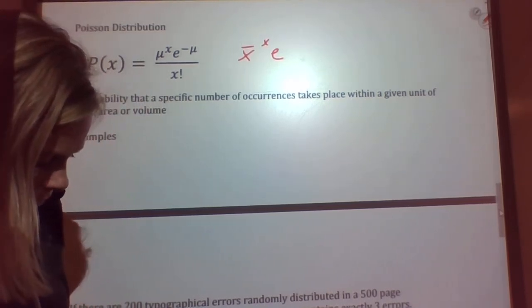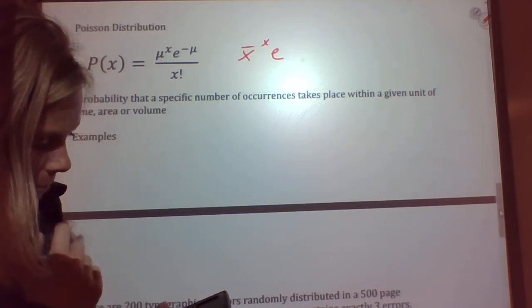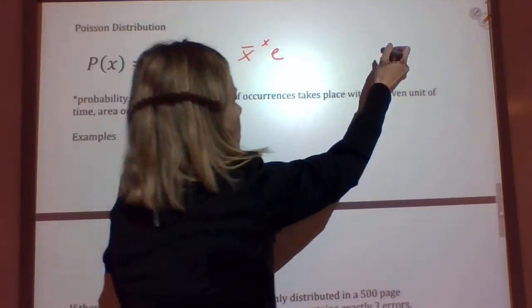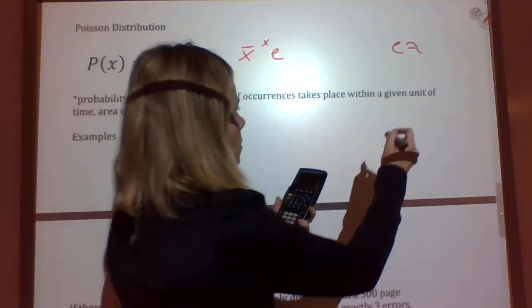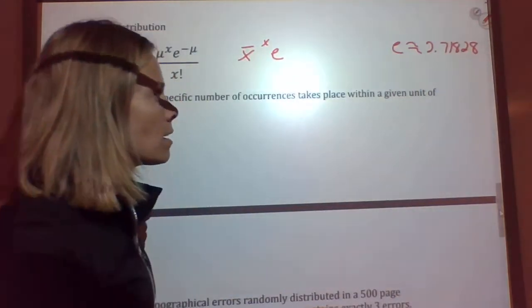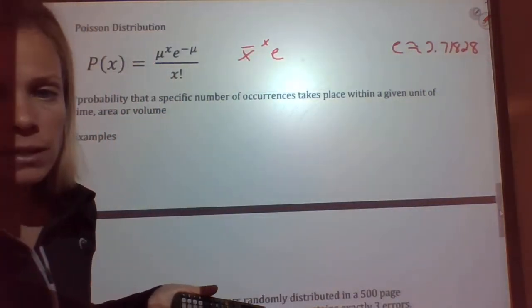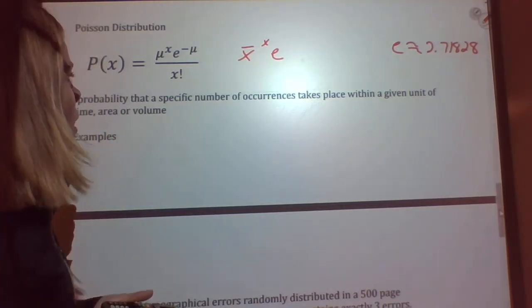And if you can't find the E button, E is like pi. It's an irrational number, and it's approximately 2.71828. Okay, but it's easier just to use the E button on your calculator, but that is the approximation for that.